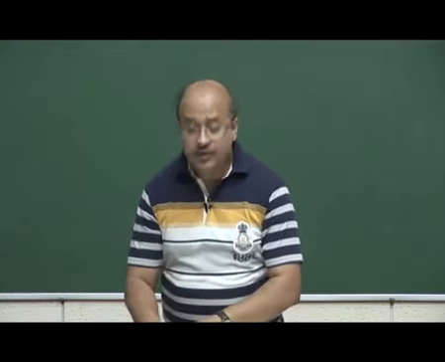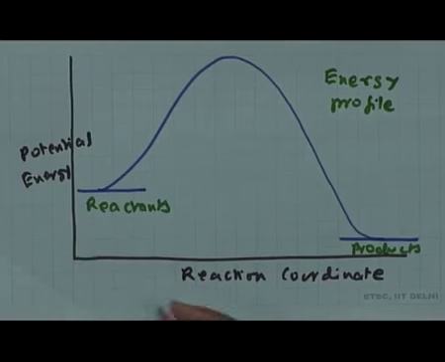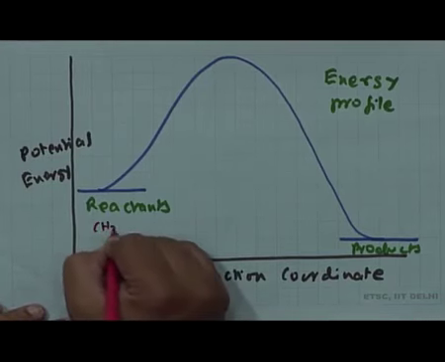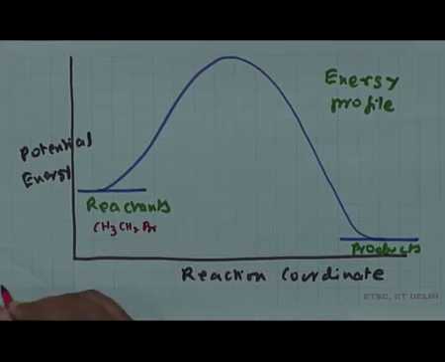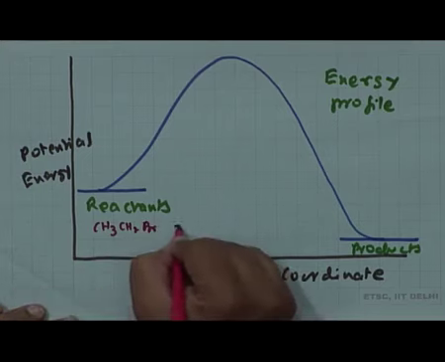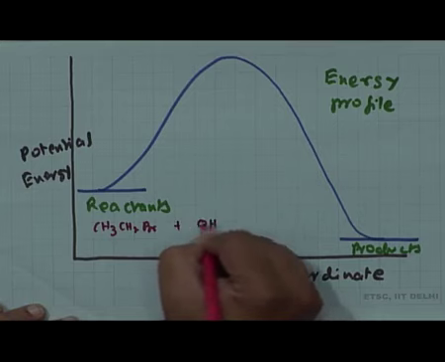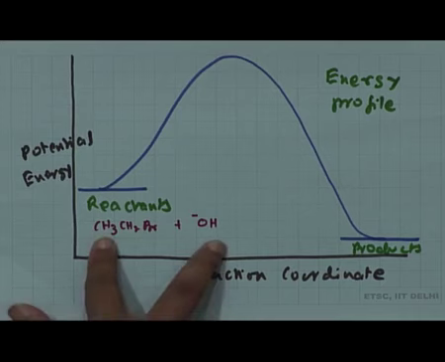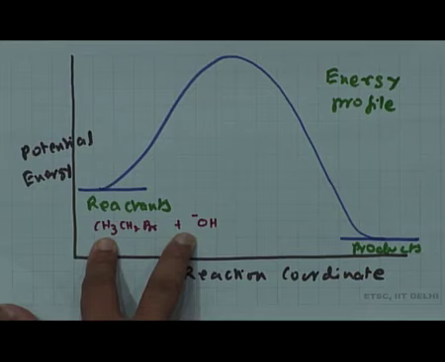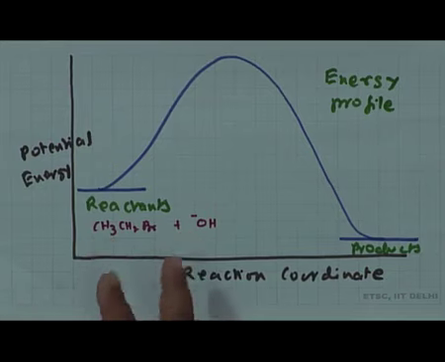So one molecule of CH3CH2Br interacts with one OH minus. When they are not interacting, this is your potential energy profile. When these two come and interact, changes are going to happen.